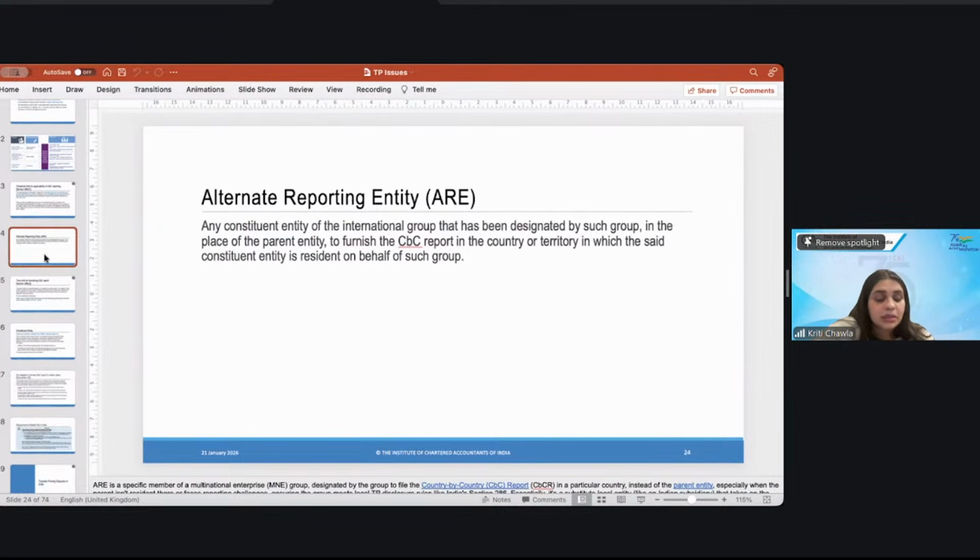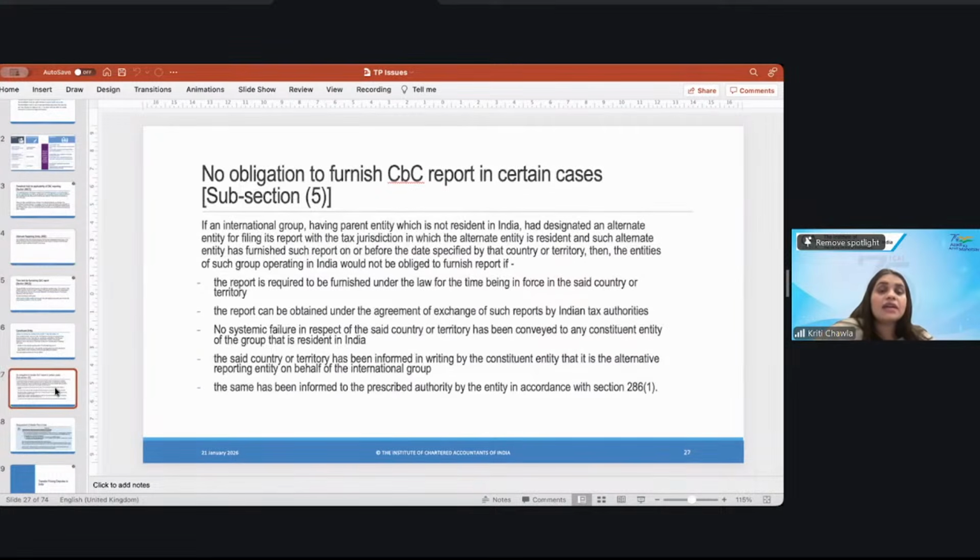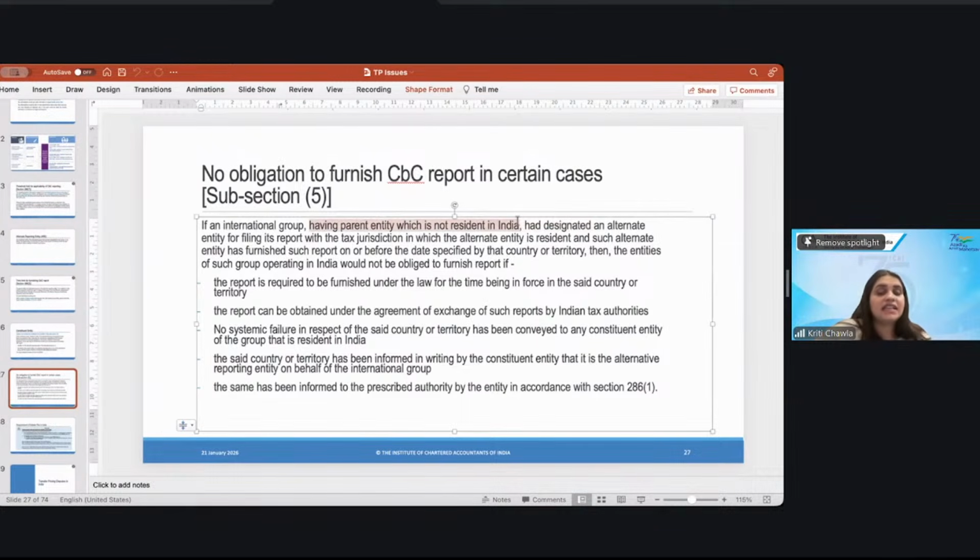It's more like a substitute for what the parent entity is actually doing. And this is for a situation where the parent entity is not resident in India. So we're discussing it from an Indian perspective, that there is already an alternate reporting entity out there. This is a very specific situation, to a specific case, where you have an alternate reporting entity, and we're not talking about the parent entity in this situation.